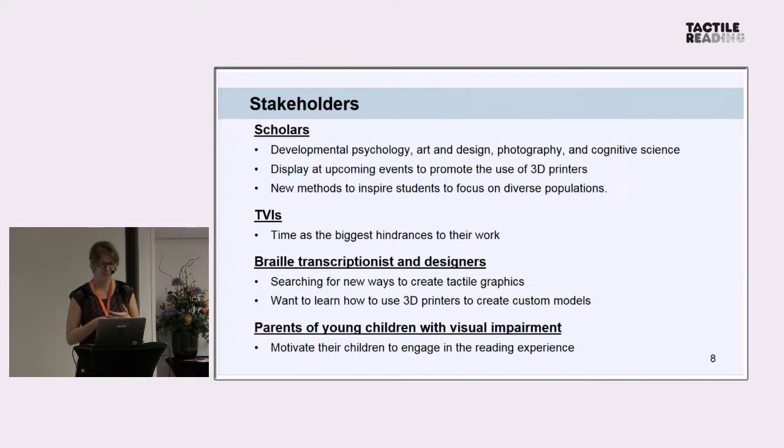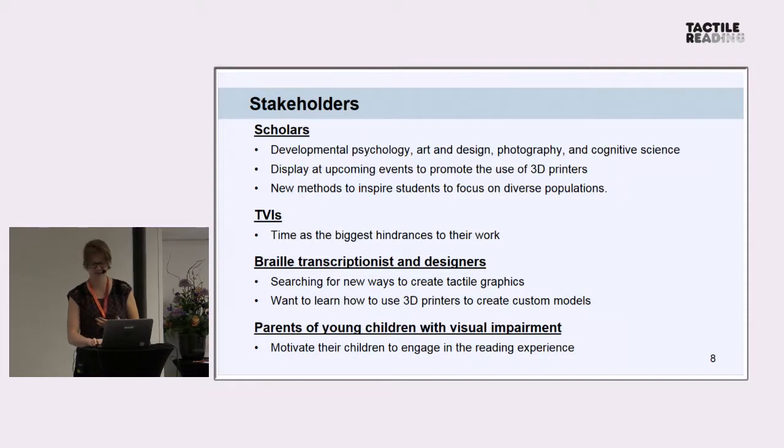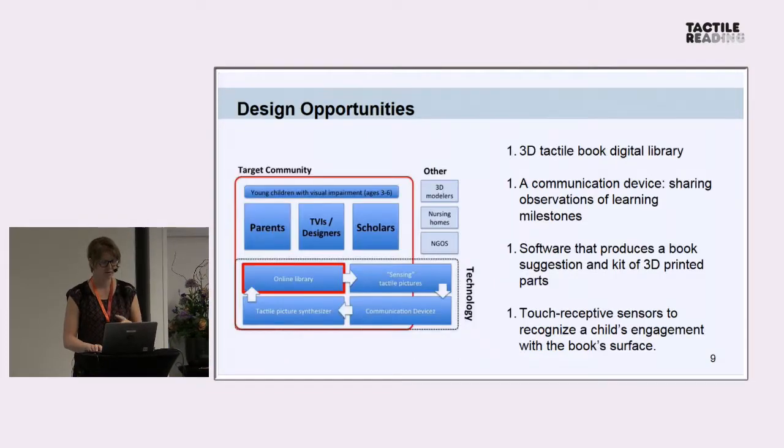People wanted to display them as ways to promote 3D printers. People wanted to look at how to use them to inspire students to become involved in design. Teachers saw these models as a way to reduce their time in designing materials. So we were just starting to understand these community considerations of this material.